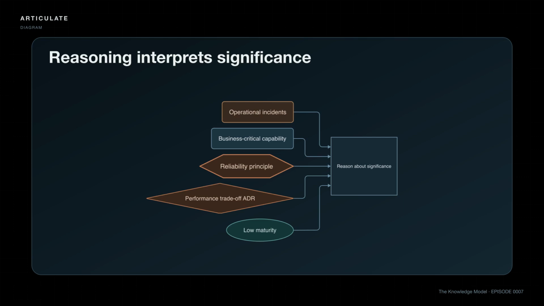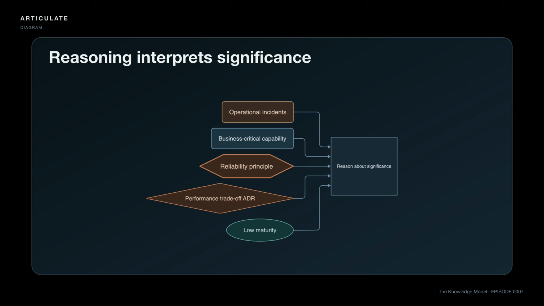Then the platform can begin to reason about the significance of those observations. It isn't simply retrieving information, it's building understanding. That, to me, is the difference between an information model and a knowledge model.